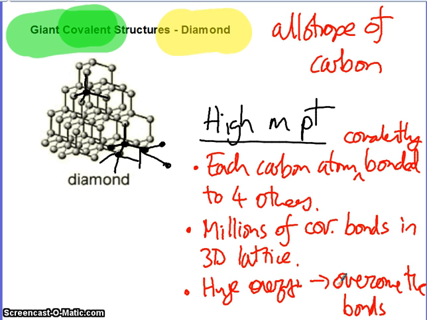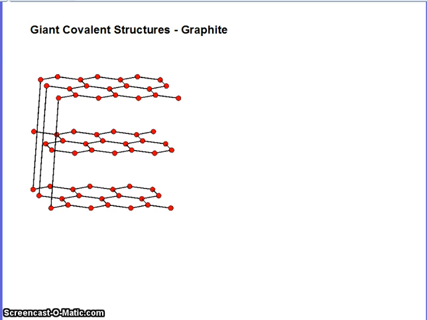Now, diamond isn't the only form of carbon that we know. There's another allotrope of carbon, which we look at at GCSE, which is graphite. And in graphite, each carbon only bonds to three other carbon atoms. Now, carbon, you know, is in group 4. So one, two, three, four.